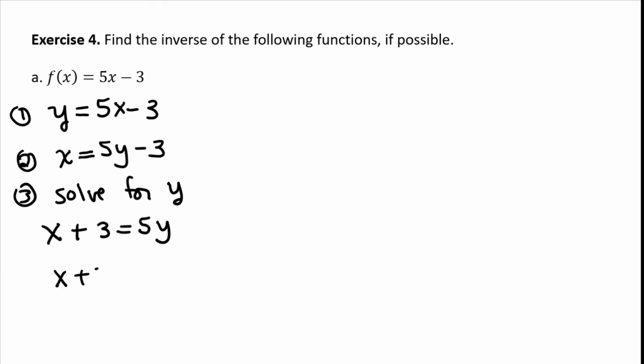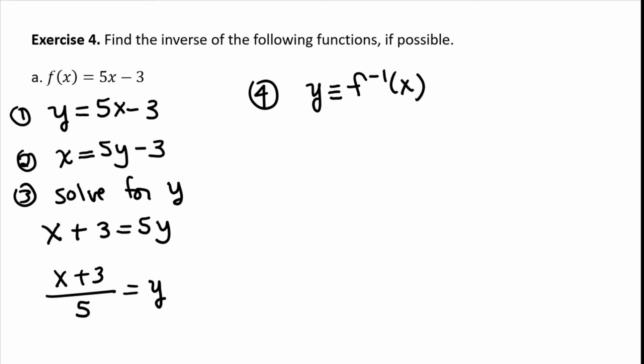So x plus 3, quantity, divided by 5 equals y. The final step is to exchange y with the notation f inverse of x. And so your new equation will be f inverse of x is equal to x plus 3 divided by 5.